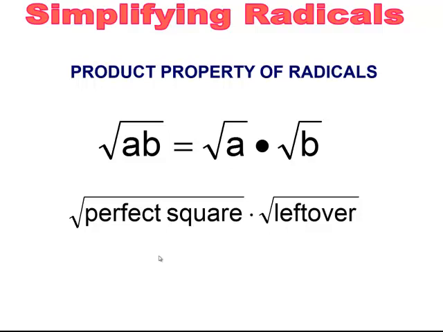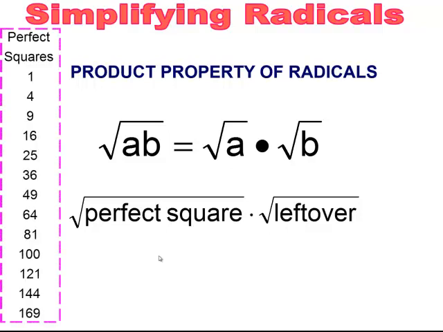Now, when we talk about perfect squares, we can come up with a list easily by doing it in numerical order. Perfect squares are a number multiplied by itself, and what you get from that is a perfect square. So the list of perfect squares in numerical order is 1, 4, 9, 16, 25, 36, 49, and so on.